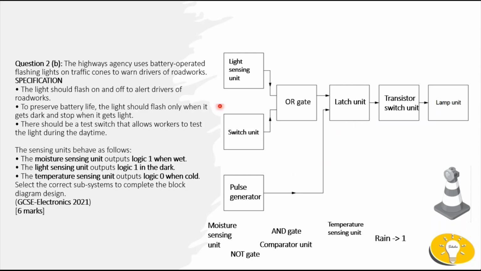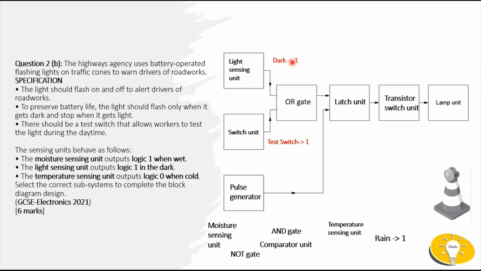Now when it is dark, the output of the light sensing unit will be 1. And when the test switch is on, it will produce an output of logic 1. In that case if we use an OR gate, what does the OR gate do?